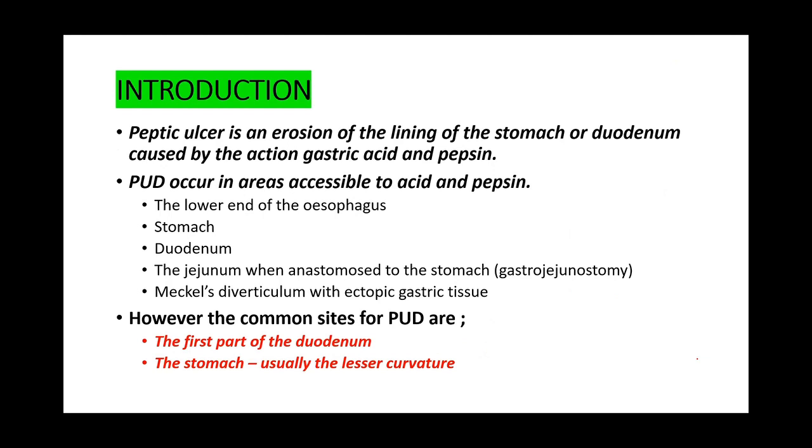So we are going to stop here for today. Then probably tomorrow we'll continue with the classification and pathophysiology as well as clinical presentation. And in the third lecture, we will talk on the detailed management of peptic ulcer disease. So we are going to stop here, then I will entertain questions.